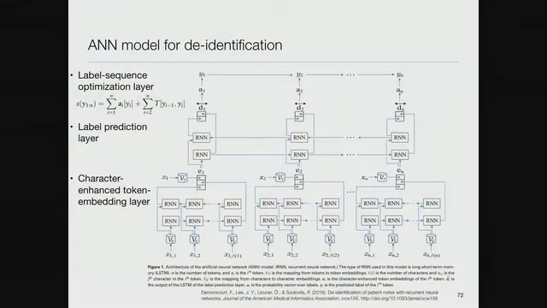You then concatenate the results from both the left running and the right running recursive neural network, and concatenate that with a word-to-vec embedding of the whole word. And you feed that into another bidirectional RNN layer.